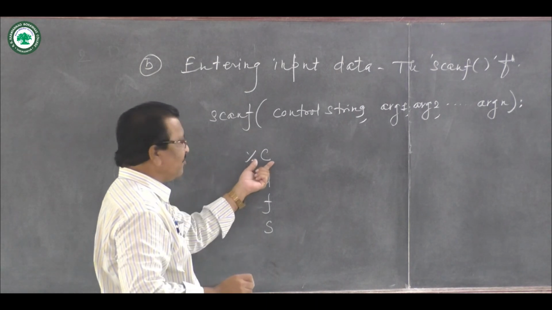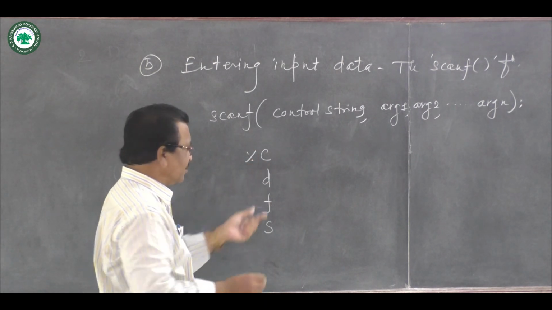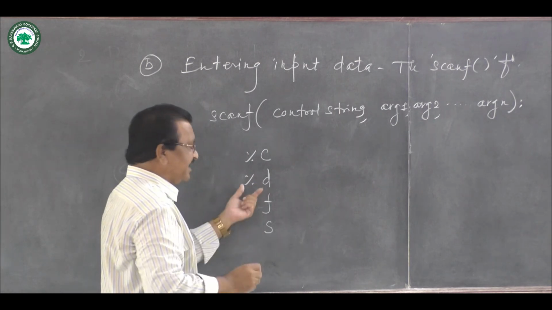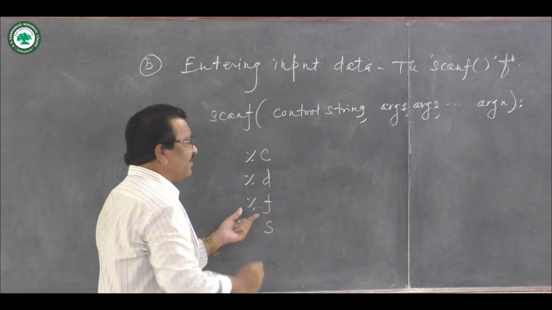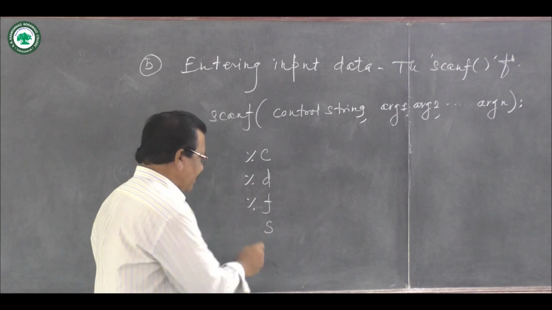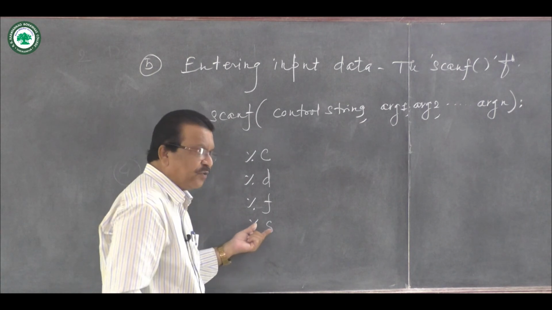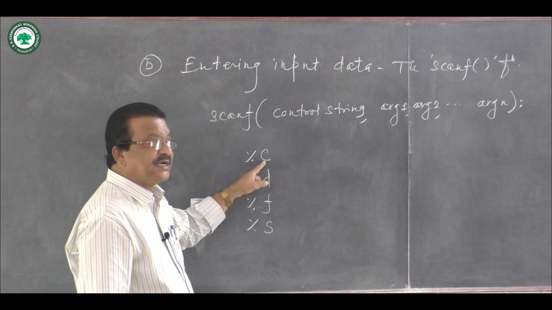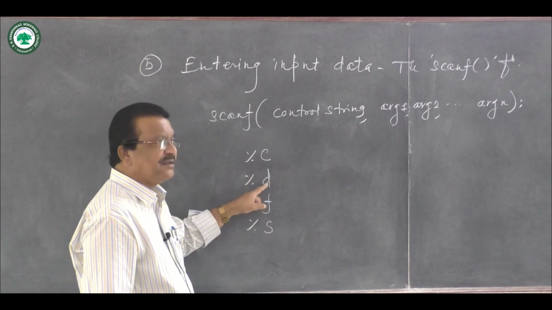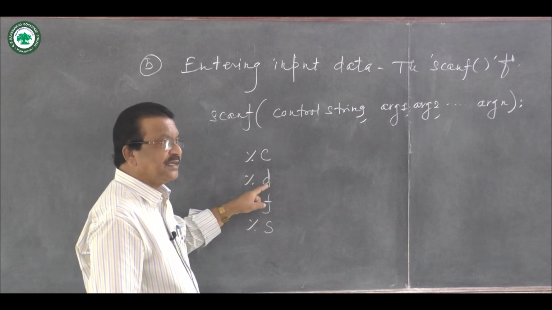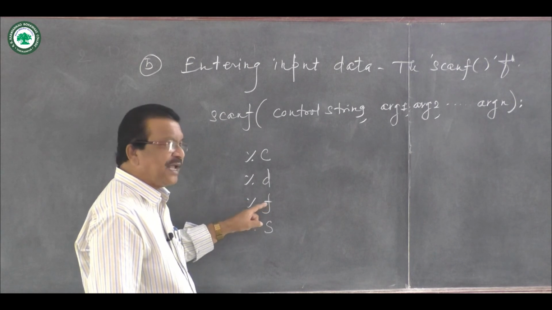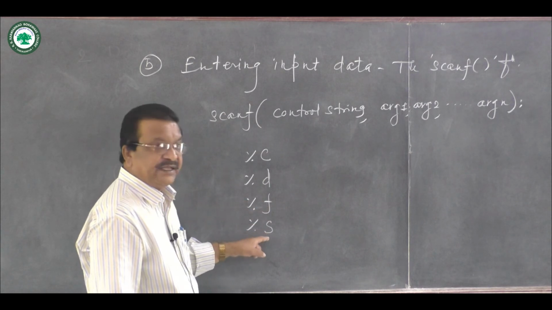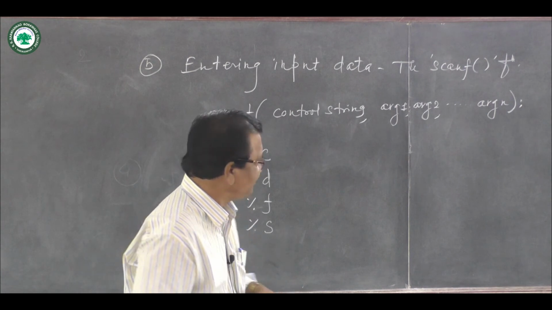So %C is one character group, %D is another, %F is another, and %S is the fourth character group. This C is used for entering a single character. This will accept a single decimal integer, this will accept a floating point number, and this will accept string data.